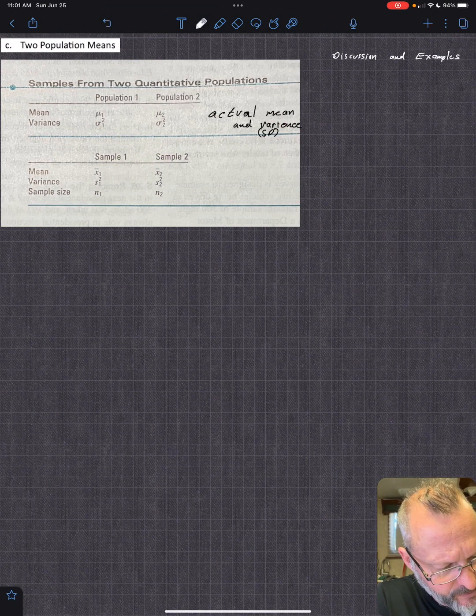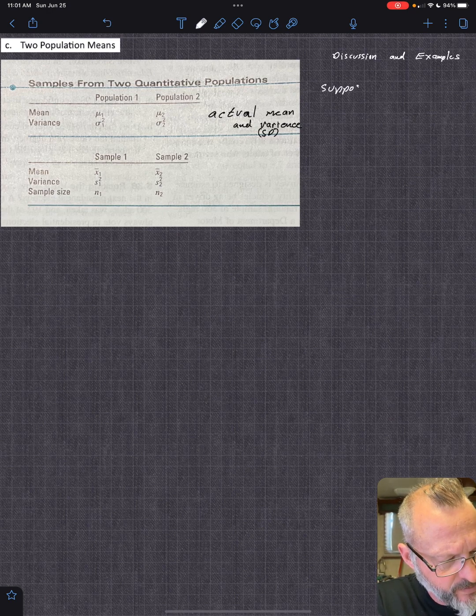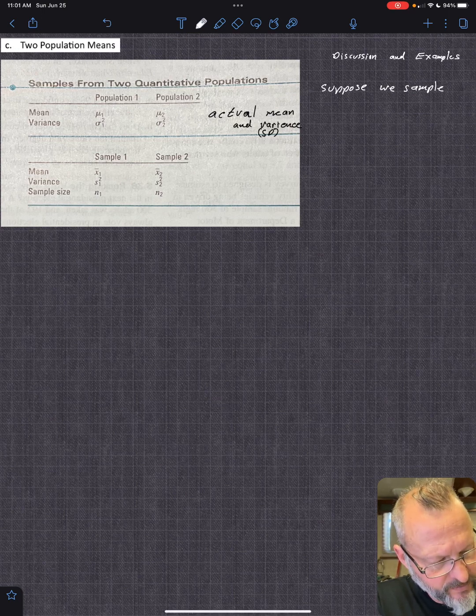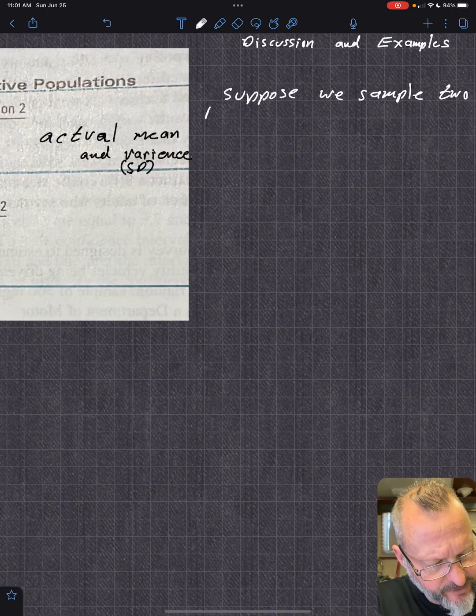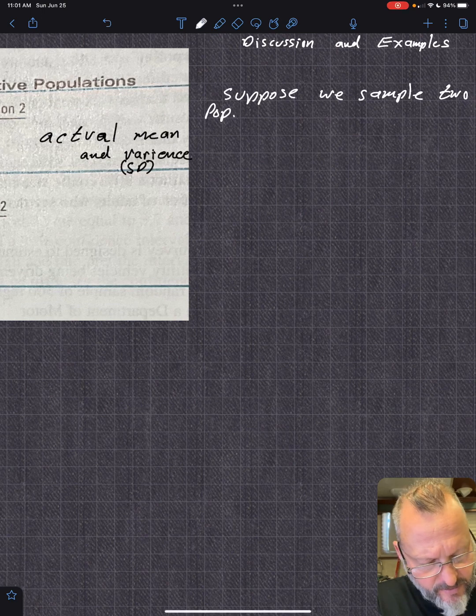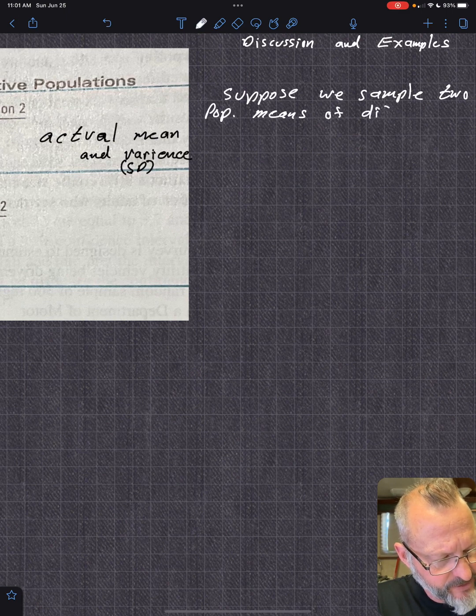So suppose we sample two population means of different populations.